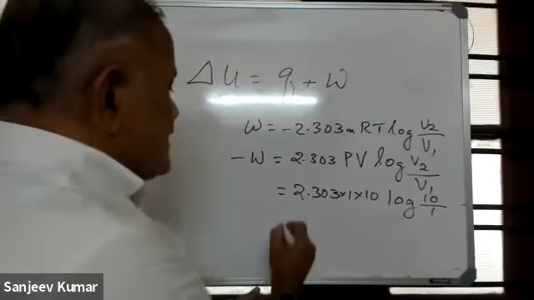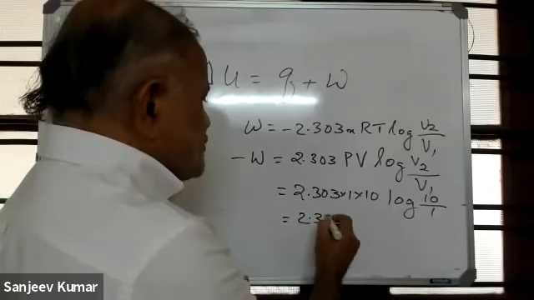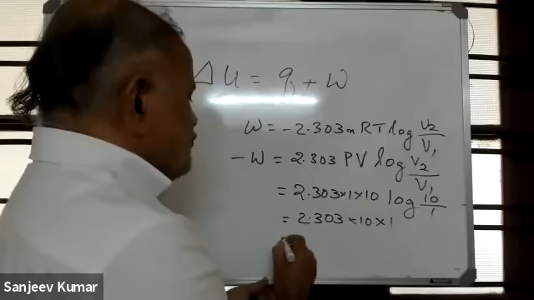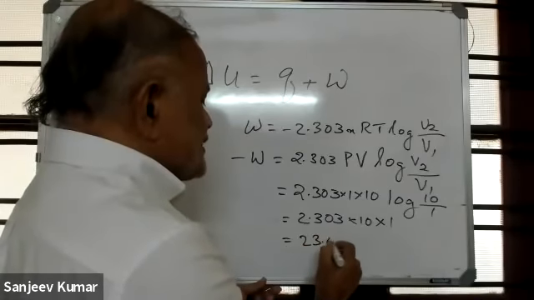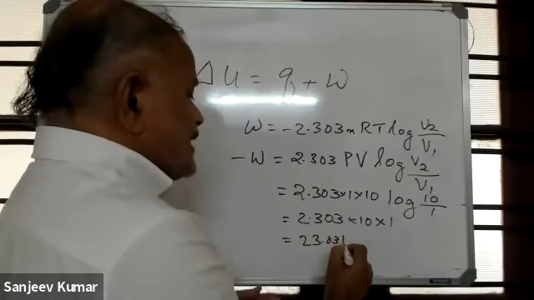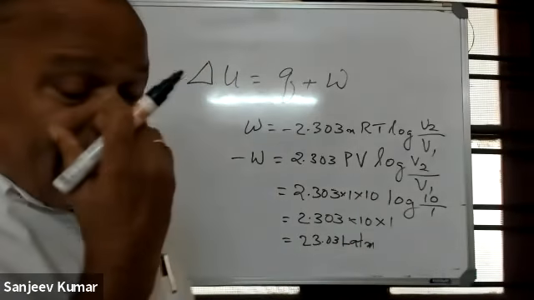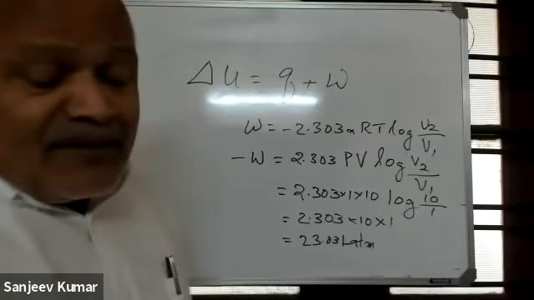Therefore, the answer is 2.303 into 10 into log 10 is equal to 1. Therefore, it is equal to 23.03. What is the unit? Liter atmosphere.